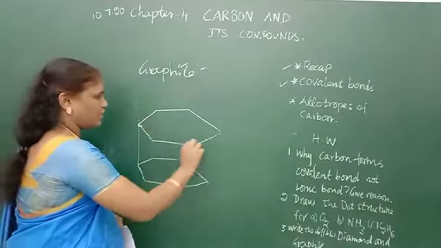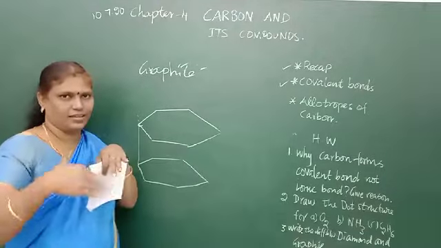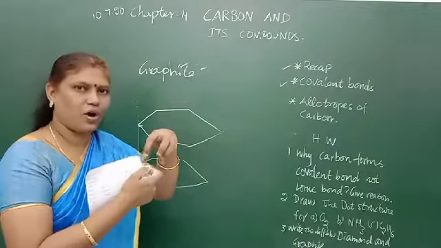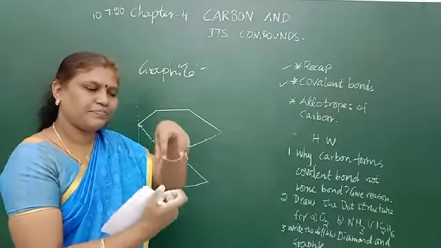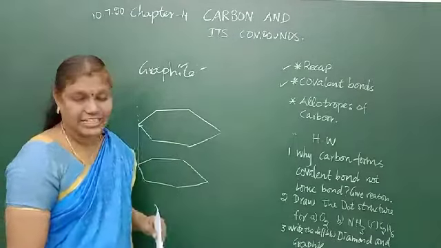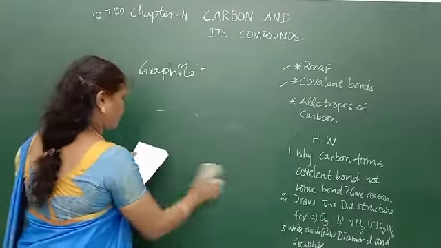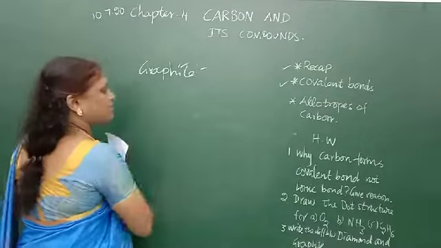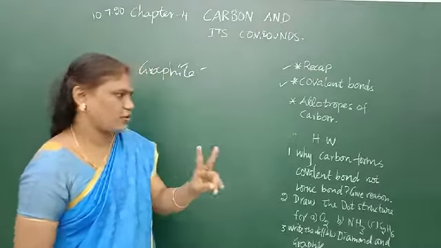So it is in a hexagonal array with layers. We can easily break it. That's why they are layered in nature. But diamond is strong. It has 4 bonds and is 3-dimensional, so it is fixed and strong. Here it is in layers, so we can easily break it. It is hexagonal in structure. Then it is reactive. We have seen 2 allotropes in this class.